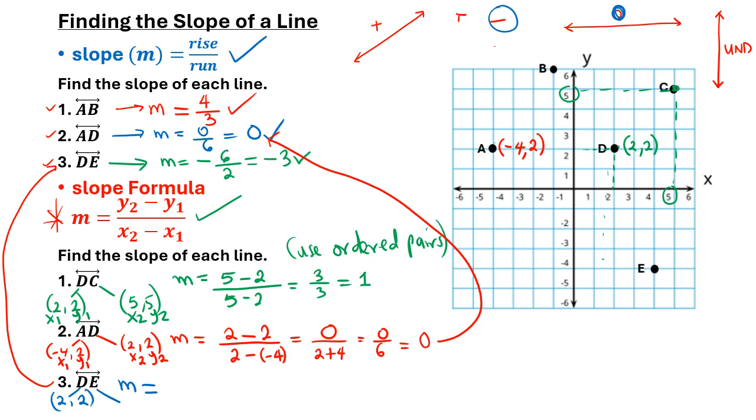And E, we already know what E is. You can see E here is 4, -4.